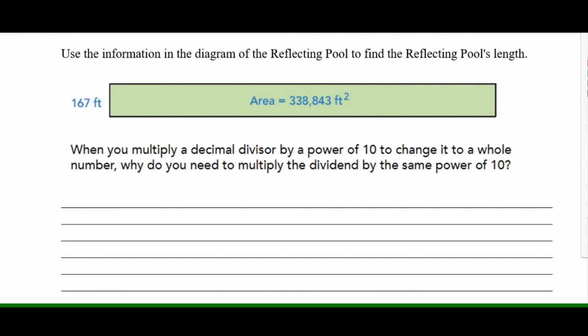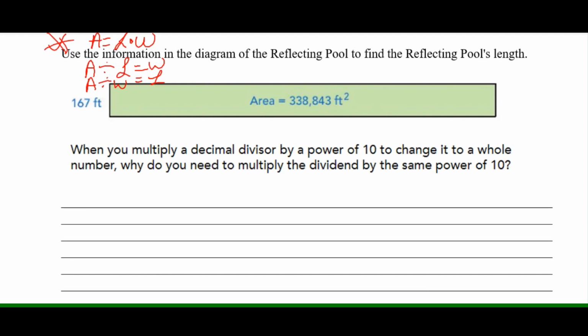So we should know that area is equivalent to length times width. So we can rewrite this as division by taking the area and dividing it by the length to get the width, or taking the area and dividing it by the width to get the length. And you do need to know this, so you can put a star here.